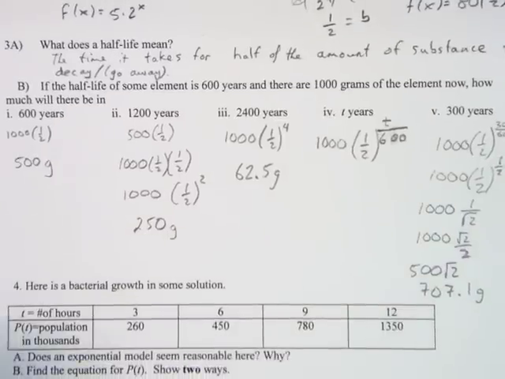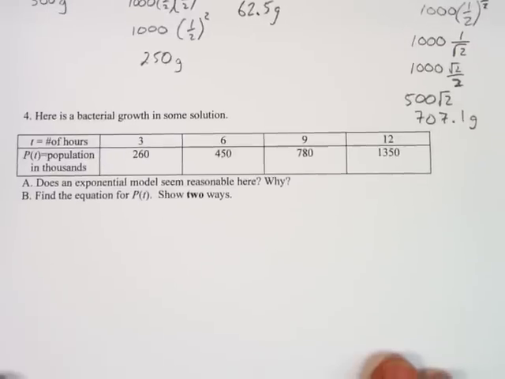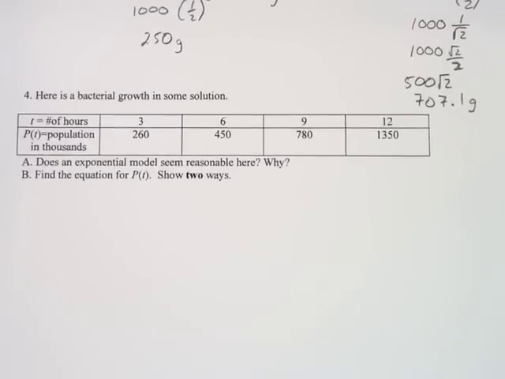All right, let's take a look at this next one. Here's bacterial growth in some solution. Does an exponential model seem reasonable? Why? Before I do that, does a linear model seem reasonable? What has to be true in order for it to be a linear model or a linear function? Well, what we'd have to have is a constant growth, a constant increase.